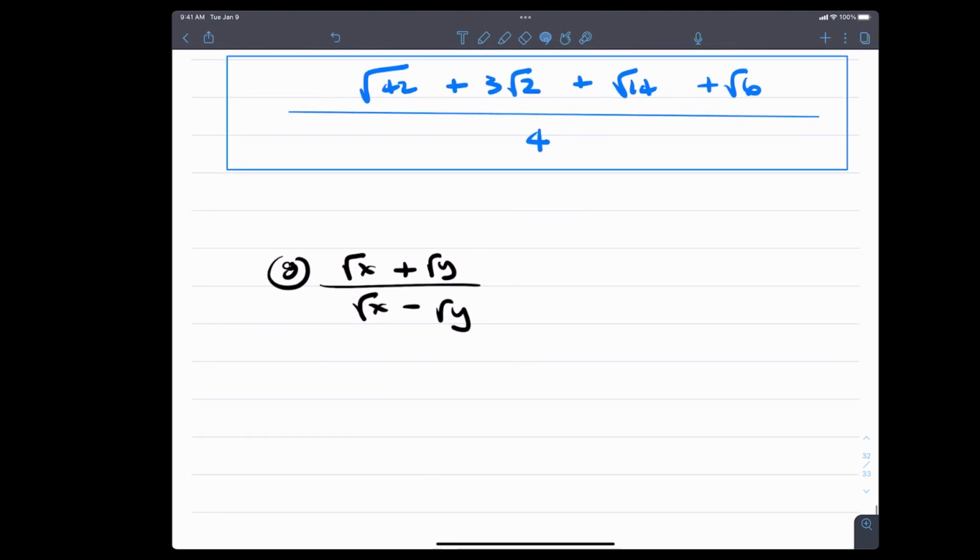All right, now, what's the conjugate down here? Square root of x plus the square root of y. Is that right?